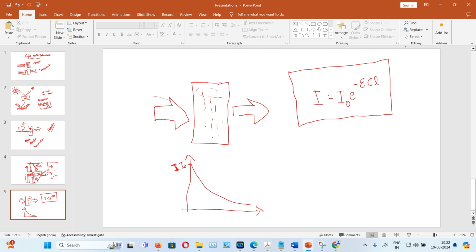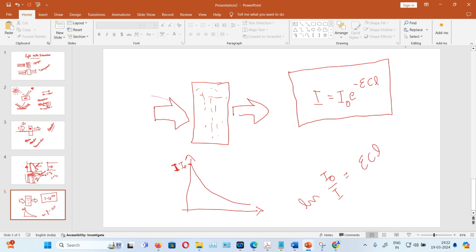This is called Beer-Lambert's law, and ln I naught by I will be epsilon c l.